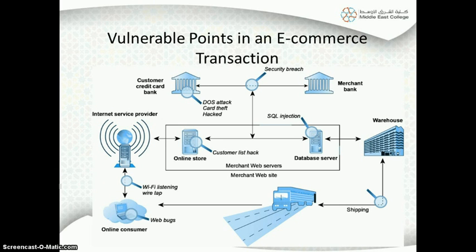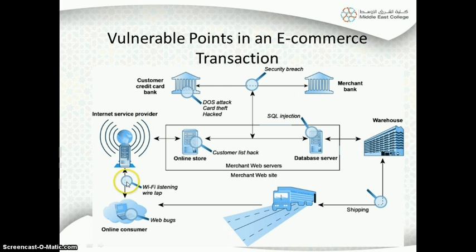So now we are going to identify the vulnerabilities that can happen in a typical e-commerce transaction. First of all, when the customer is trying to order something online from her computer, she might have bugs such as viruses or worms on the computer, from where the information can be hacked.